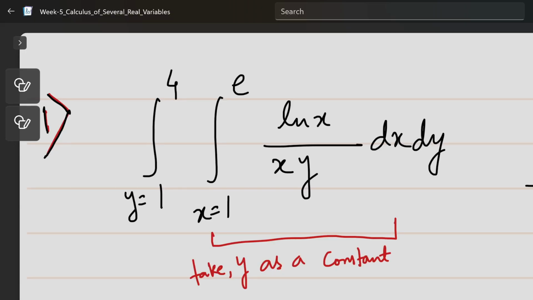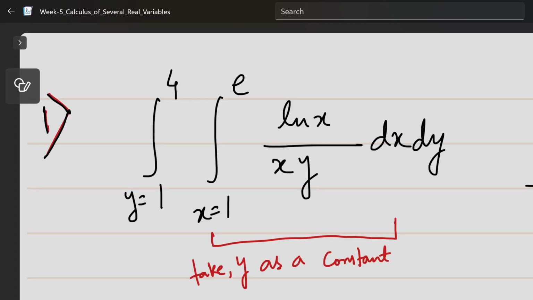So what if you want to do change of order of integration? Here I am taking the vertical strip first, right? So you have to take the strip horizontally, like this. So for a fixed x, y is varying from 1 to 4 and x is varying from 1 to e.